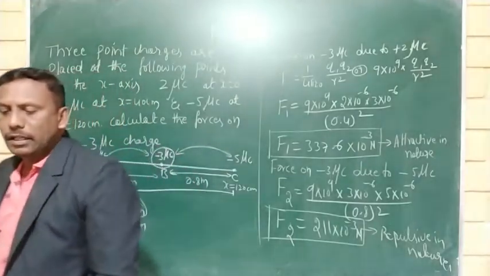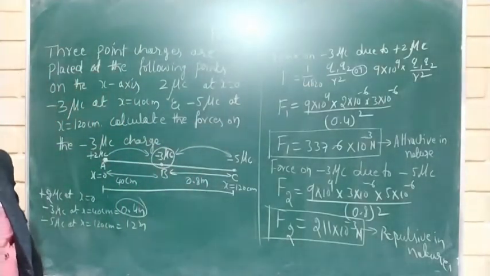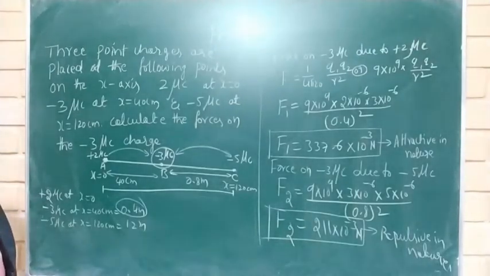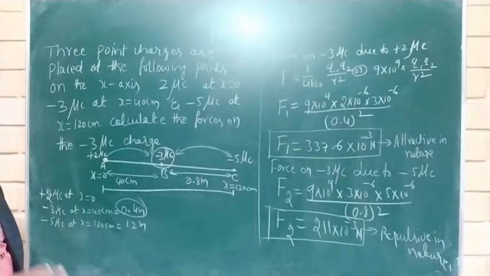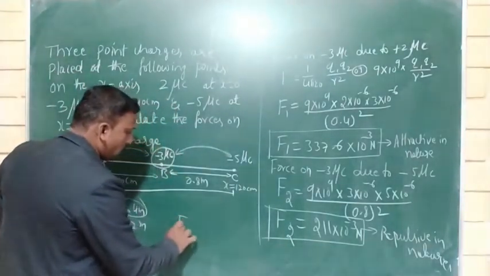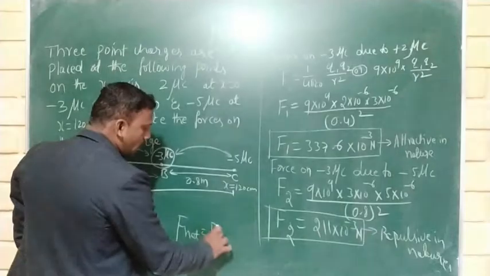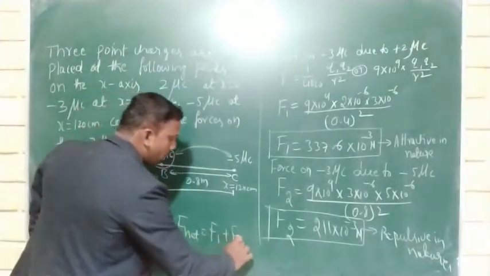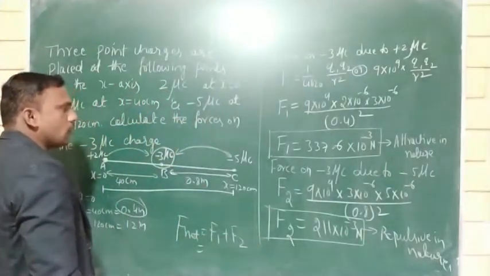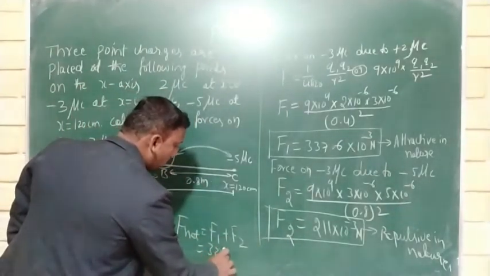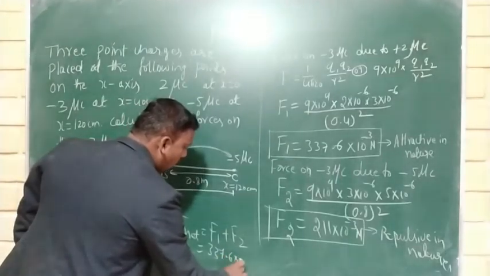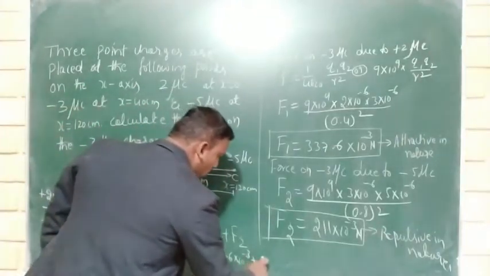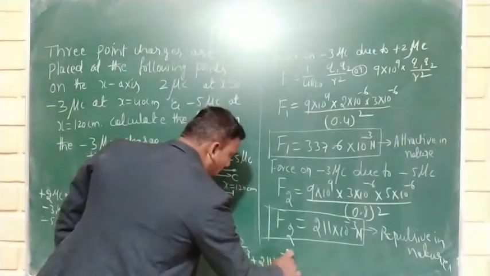Therefore, we have to calculate F net. F net, or F resultant, is equal to F1 plus F2. F1 is 337.6 into 10 to the power of minus 3 plus 211 into 10 to the power of minus 3 Newton.